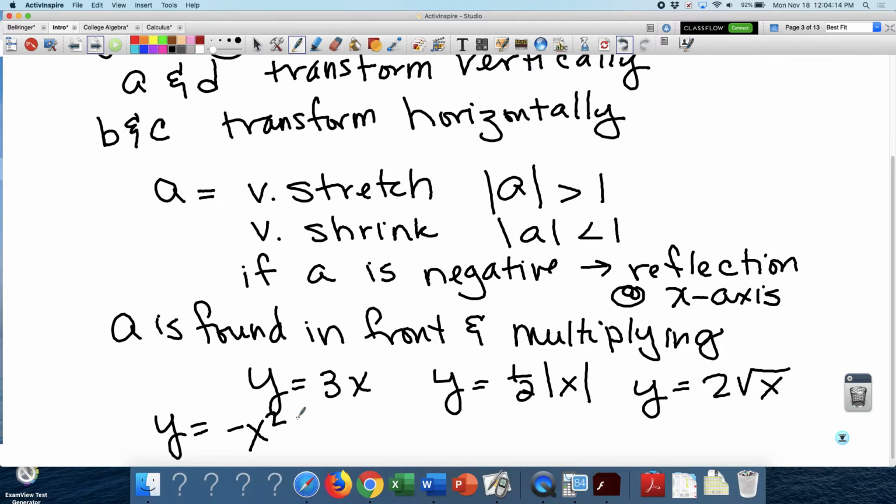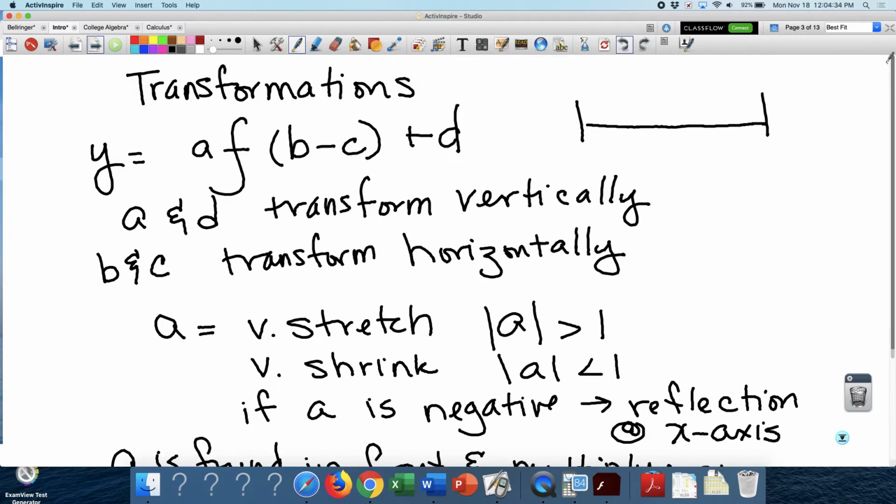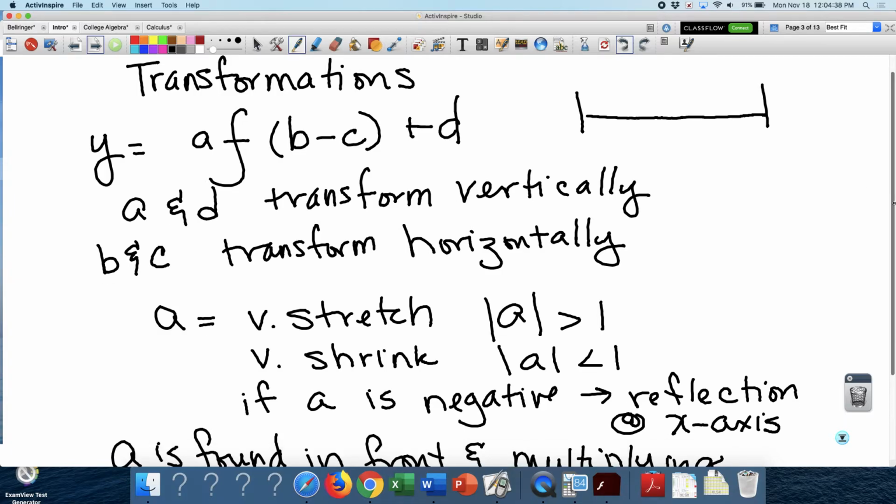I got one more question that's probably not going to be very smart. That formula that we wrote down at the beginning, what does that have to do with this? Where is the A showing up in my formula? At the very beginning, in front of the F, right? What is that F? That just stands for any function.